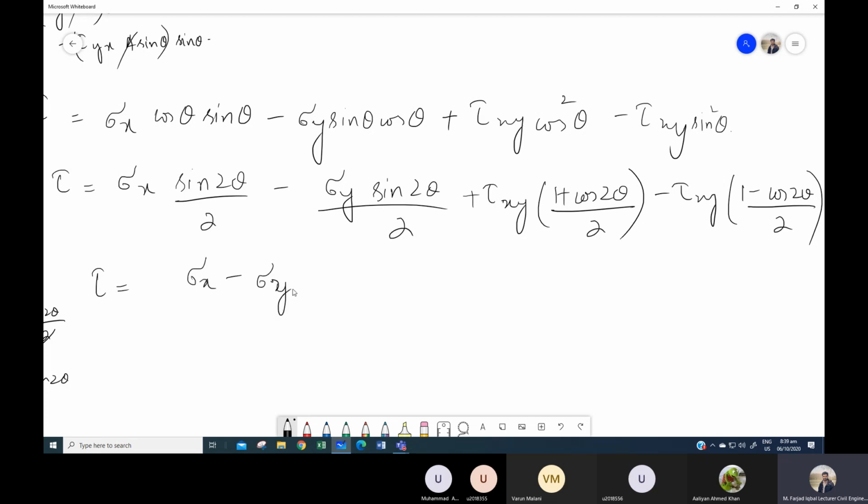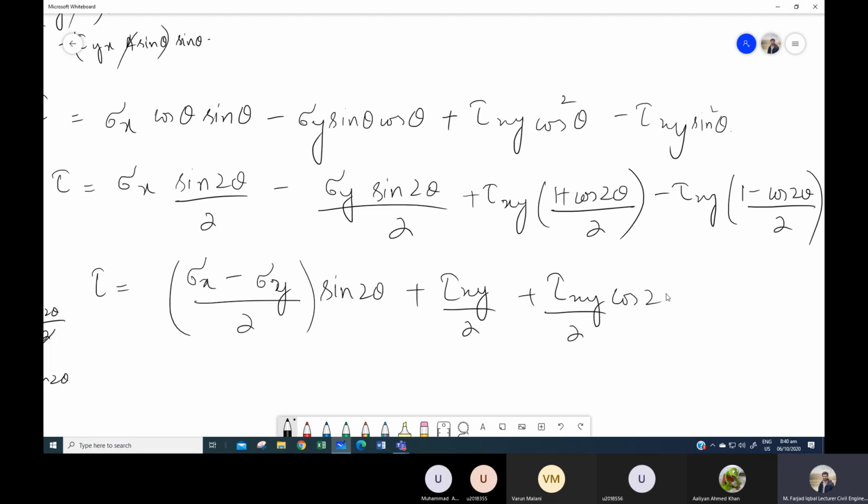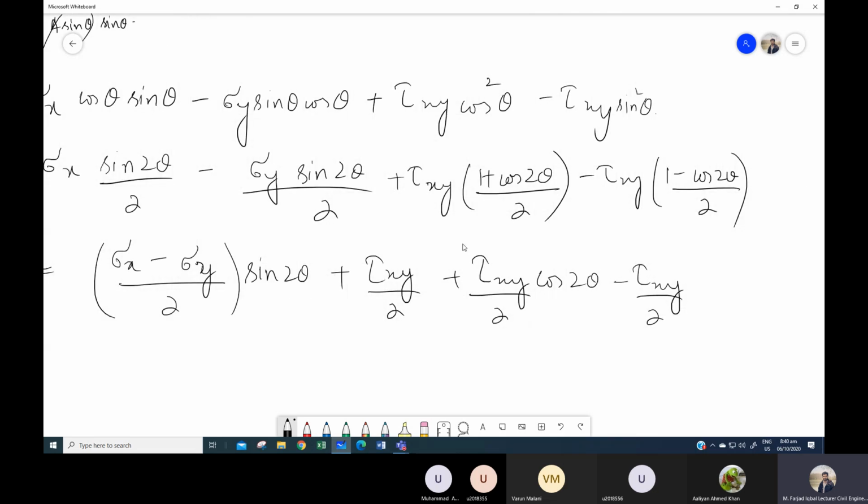So that would be sigma x minus sigma y by 2 into sine 2 theta, plus tau xy by 2 cos 2 theta, and minus tau xy by 2... sorry, that would be plus cos 2 theta.